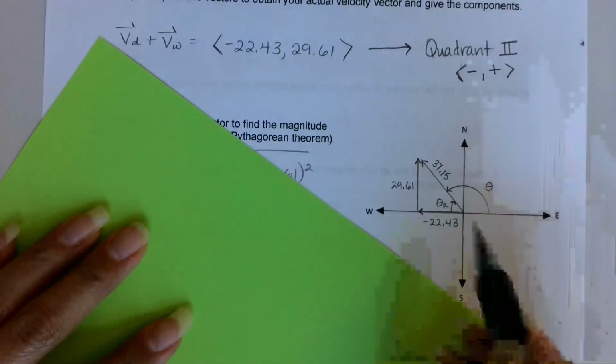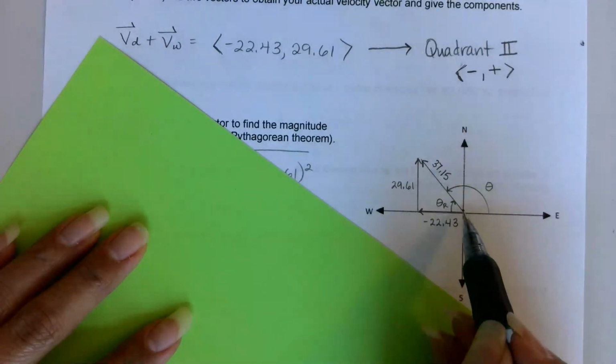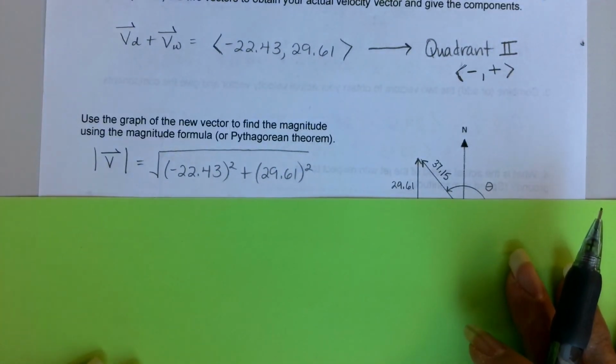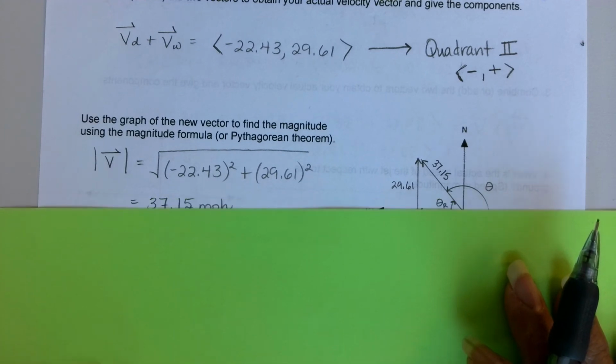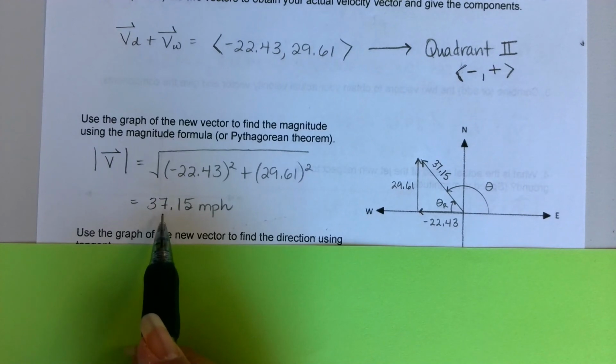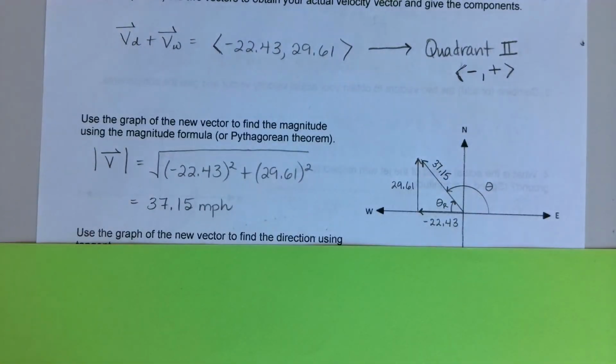This here is the length I'm looking for. To find this, which is my hypotenuse, I needed to apply the magnitude formula, which is applying the Pythagorean theorem, which when you did all the calculations comes out to be 37.15 miles per hour. So that's the length of this hypotenuse.